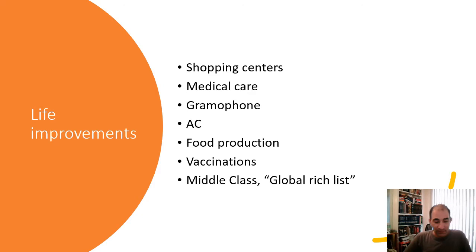Food production. One of the things I say about the Industrial Revolution, and I always challenge my students with it, is a true or false statement. At first it sounds false, but when you think about it, it's actually true. As a result of the Industrial Revolution, not a single person on the face of the earth has died because of an inability to produce food. Now you go, wait a second, I know people die from starvation even today. Yes, they do.